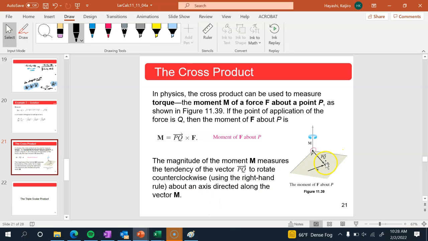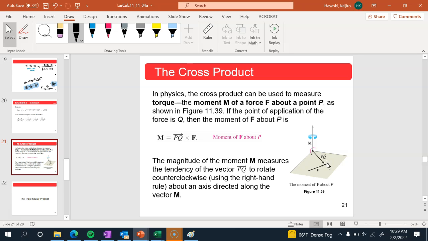And when something rotates, the way that you mark torque in a free body diagram is that the torque is coming out orthogonal to the direction of rotation.